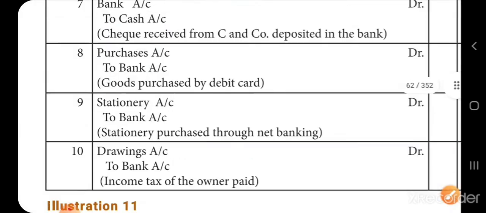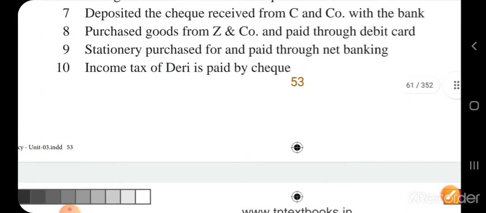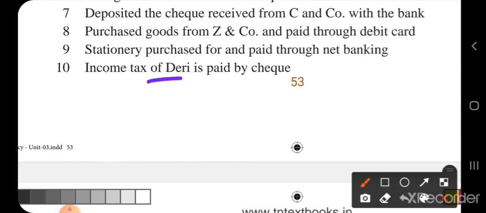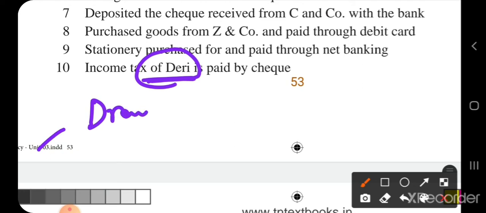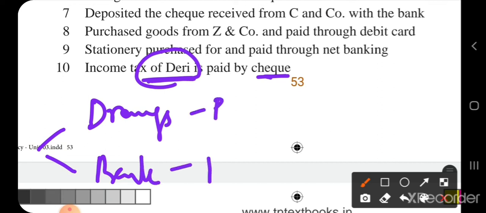The next one: income tax of Delhi. It is not just the income tax, it is the income tax of Delhi. That means personal tax of Delhi, so it is treated as drawings. Paid by check, that means it is a bank transaction. The drawings is a personal account. Bank is also a personal account. Personal account: debit the receiver, credit the giver.